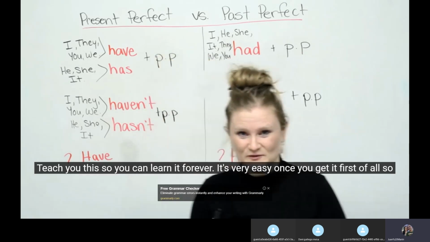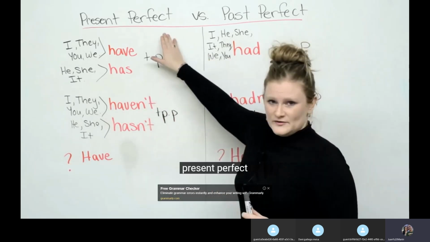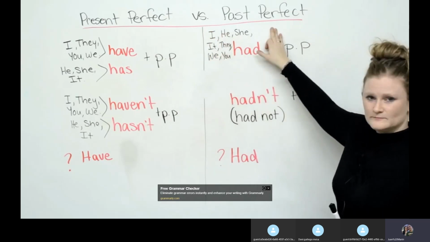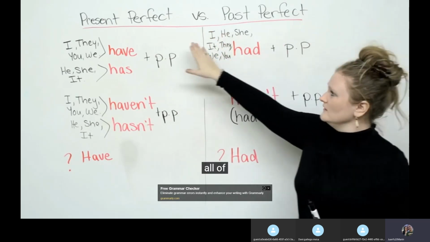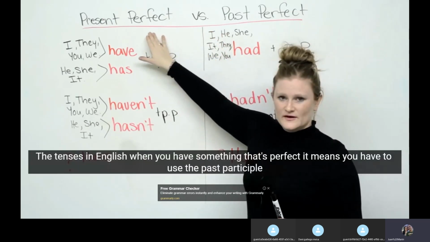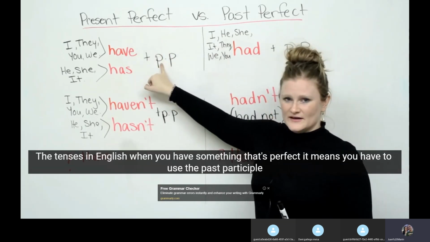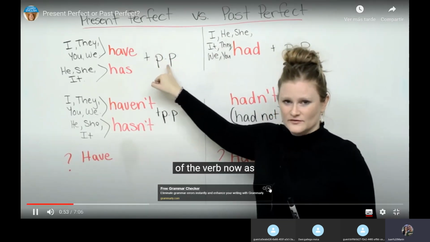It's very easy once you get it, first of all. So, present perfect versus past perfect. All of the tenses in English, when you have something that's perfect, it means you have to use the past participle of the verb.